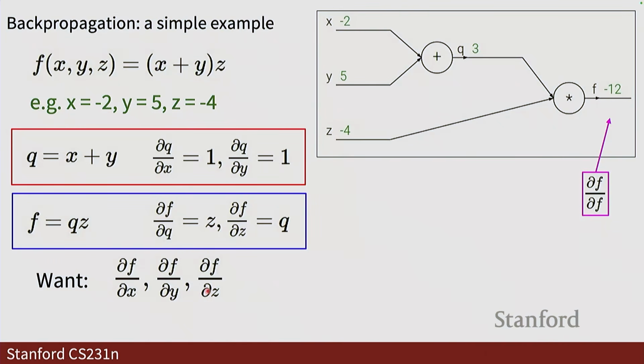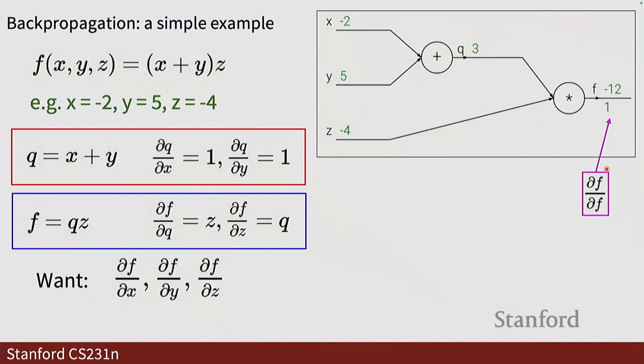So what is the derivative of f with respect to f? It's the thing with respect to itself, so the derivative of the loss function with respect to itself is always 1.